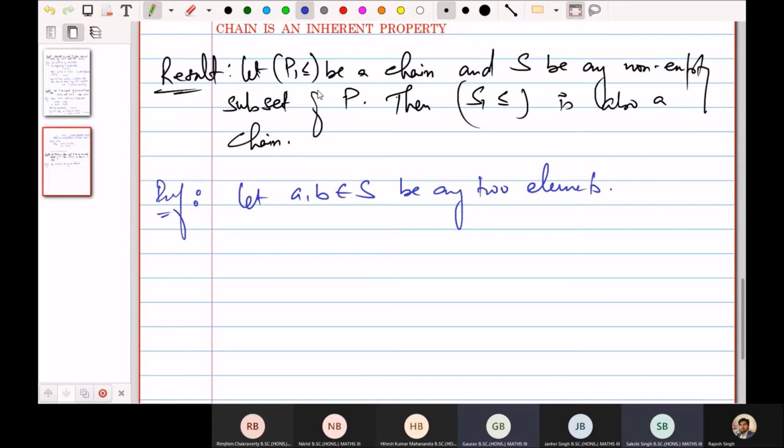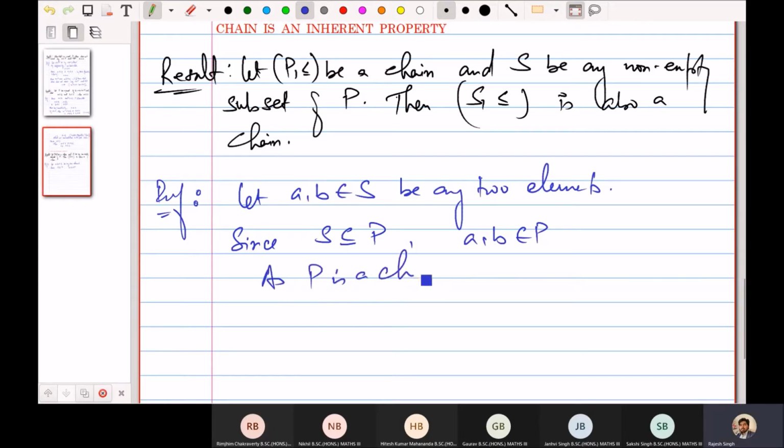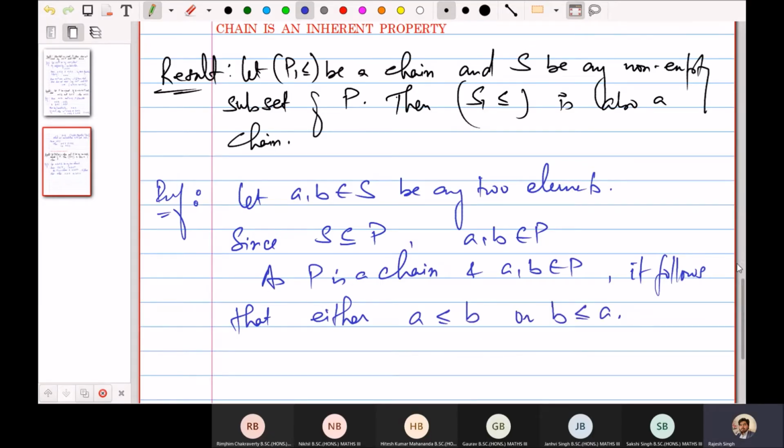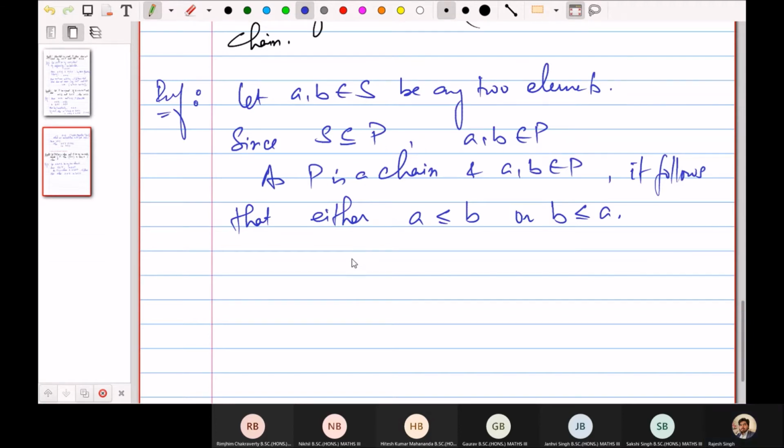Since S is a subset of P, A, B also belong to P. Now as P is a chain and A, B belong to P, it follows that either A is related to B or B is related to A. Okay?